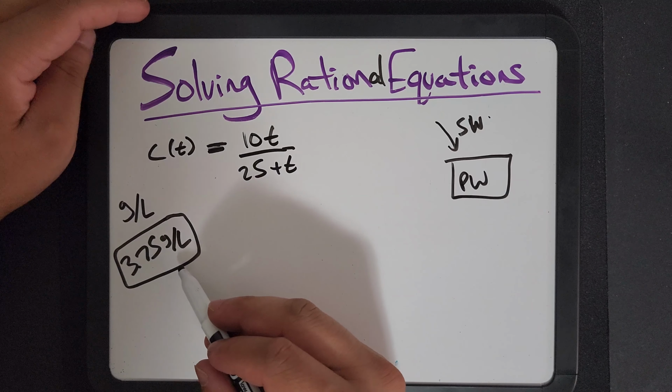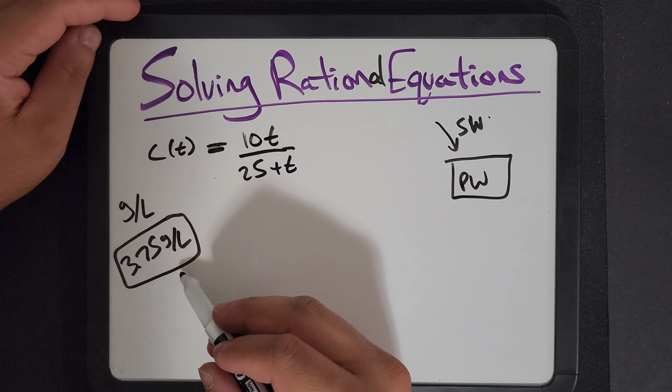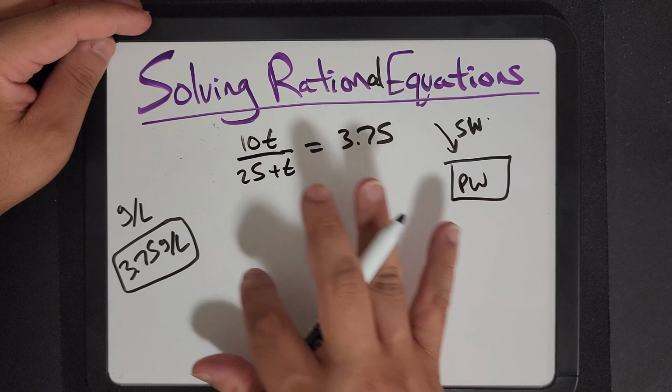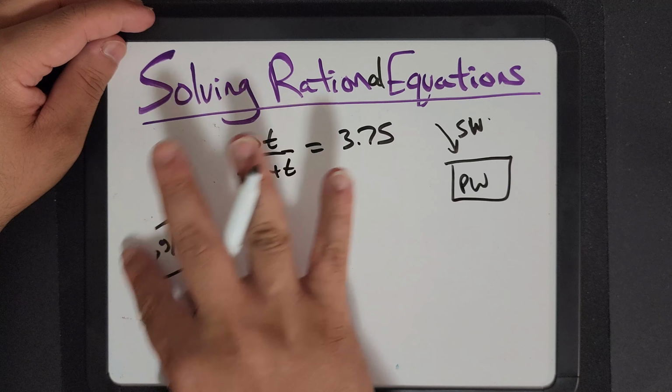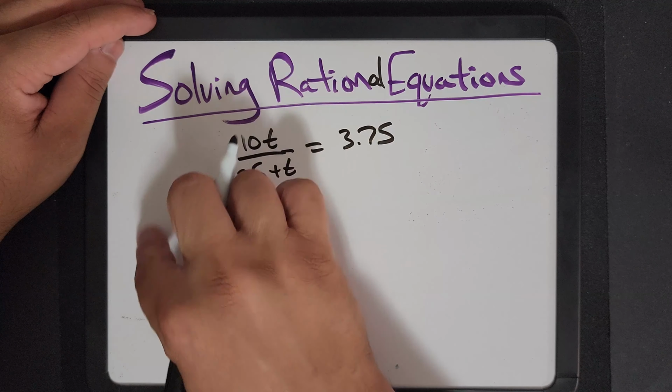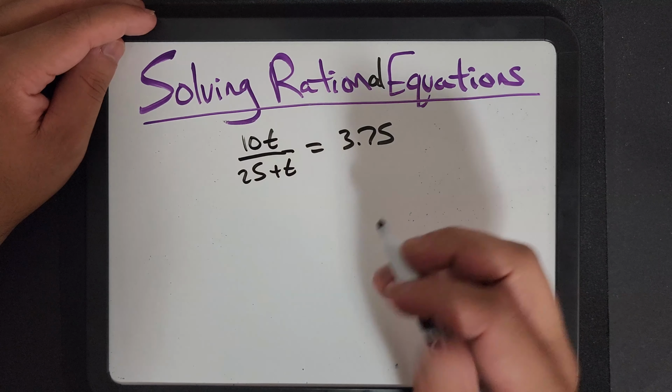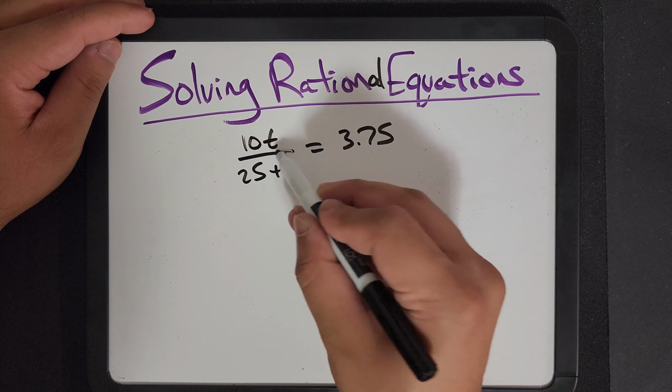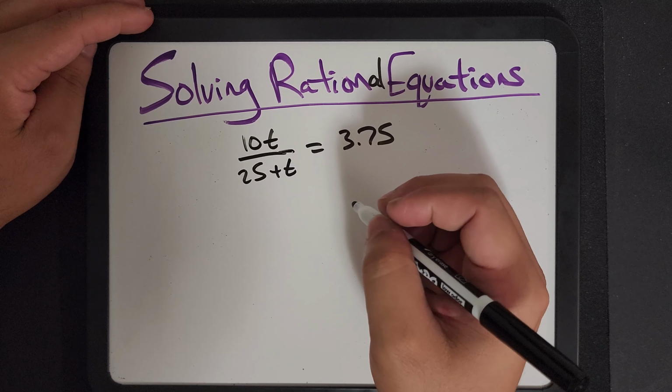If we have our target number that we're going for, which is 3.75, we can set the function equal to exactly that. And now, once we've interpreted this into our equation, now we just have to solve this rational equation.